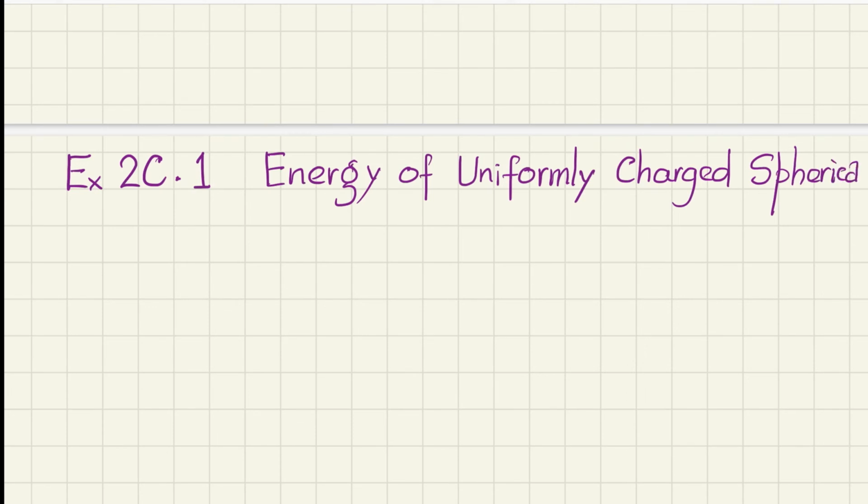In fact, you can do this in many different ways, and all should give you the same answer. Consider a shell of radius r, where sigma is the charge density.